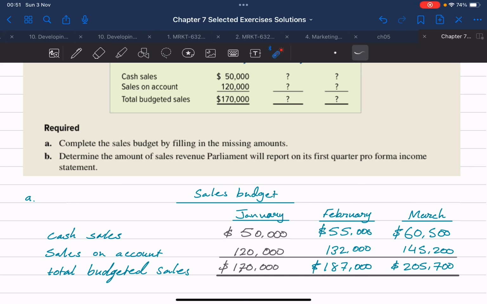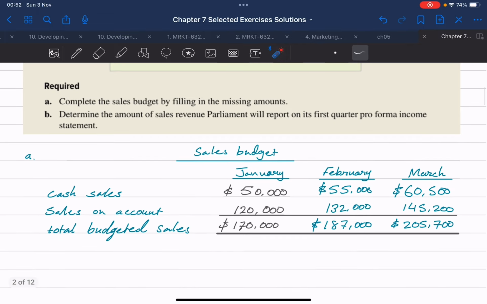Which sales figure do we use, the cash sales only or the sales on account only? No, we actually use the total budgeted sales, because the revenue figure does not rely on the sale being a cash sale or a sale on account. It doesn't make a difference. So to answer B, all we're going to do is add these three together: 170,000 plus 187,000 plus 205,700.